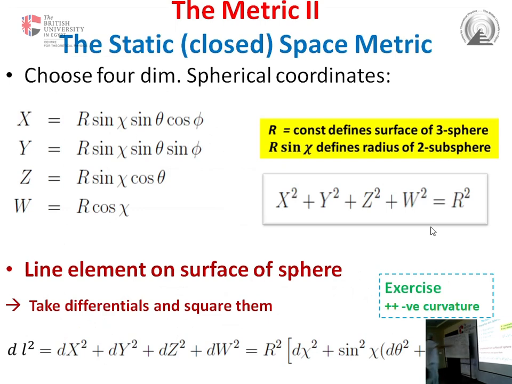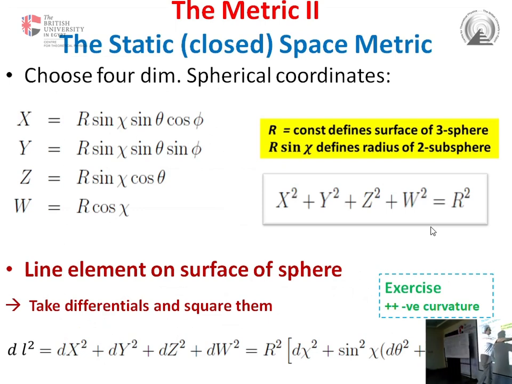So let's take 4 coordinates in a 4-dimensional space, not space-time, 4-dimensional space. And let's do polar coordinates on these things. So if chi is 90 degrees here, these things will die. And you just have the normal spherical coordinates, with theta, phi, and chi instead of theta and phi only. Okay? And the radius.